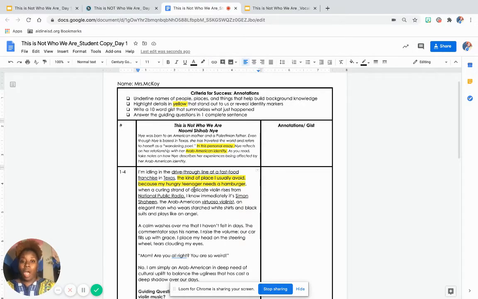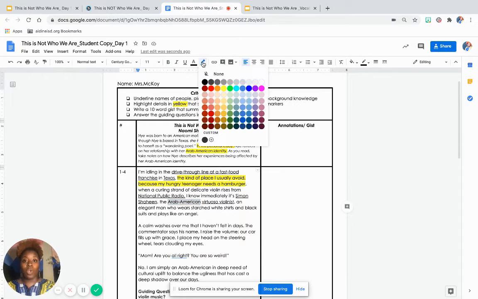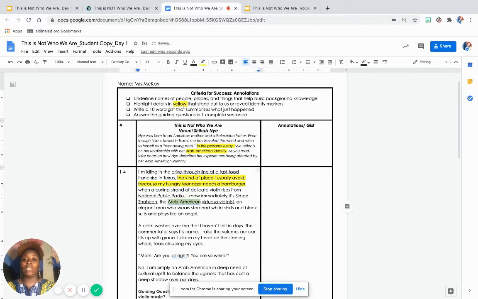Okay. The next thing we want to highlight is Arab American. Again, it helps us to understand her identity. We know that Naomi Shihab Nye is an Arab American, or she feels connected to the Arab American, Simon Shaheen. And then we see Arab American again.